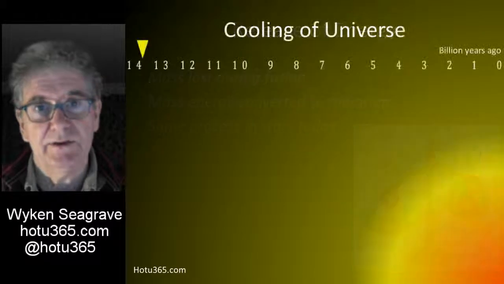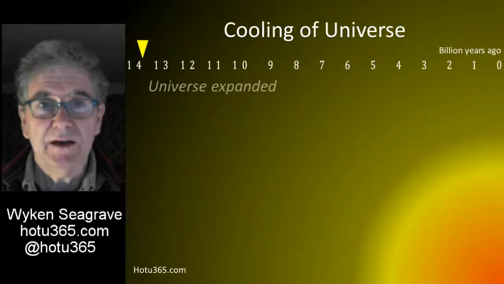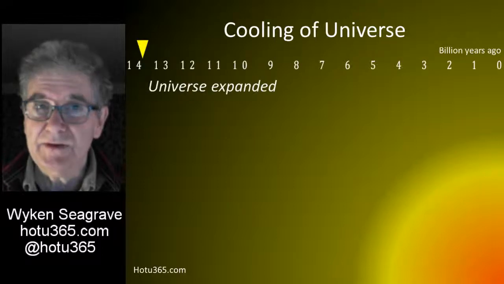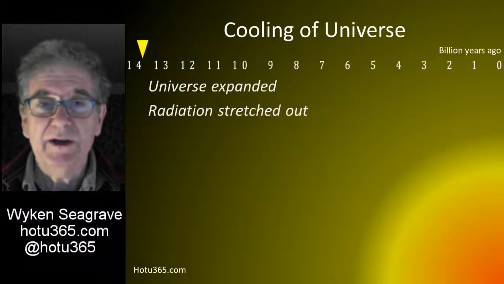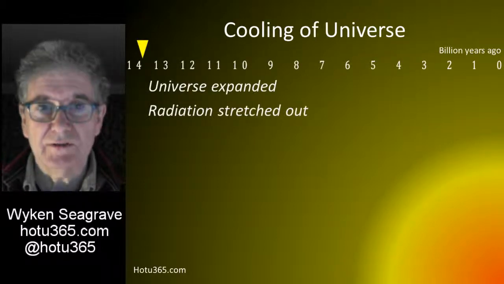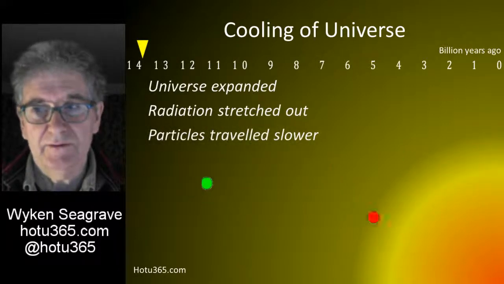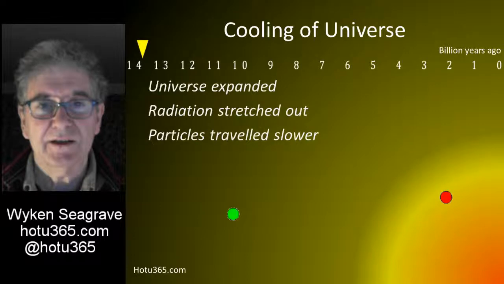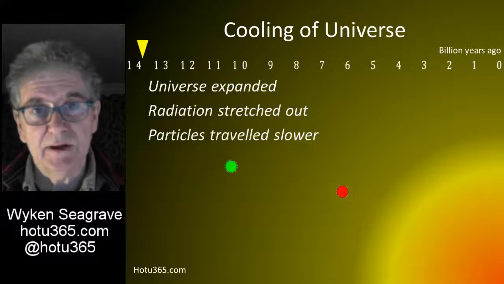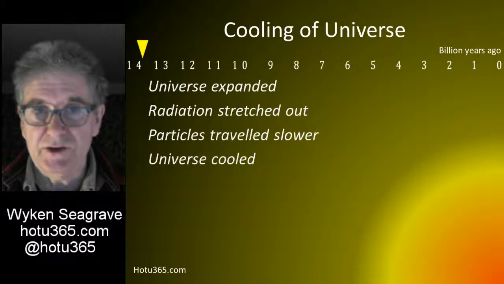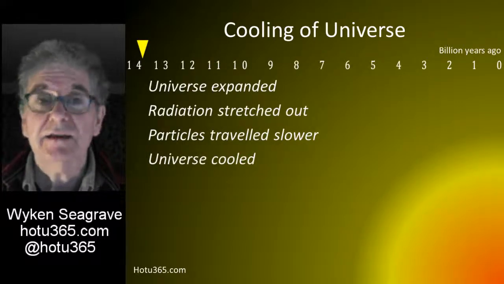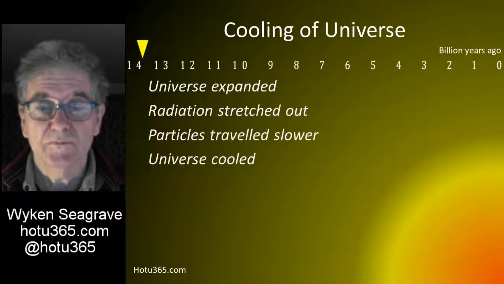is slightly different. So, as time went on, the universe expanded, radiation inside was stretched out, and the particles travelled slower. And I've tried to show that with this little diagram of them starting off very quick and moving slower. As they move slower, so they have less energy, less heat, and the universe cooled.